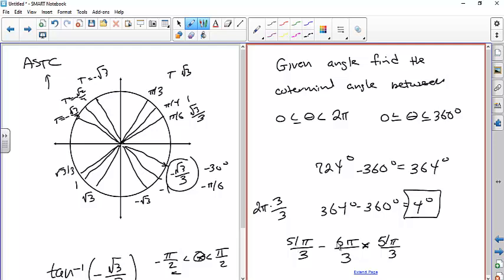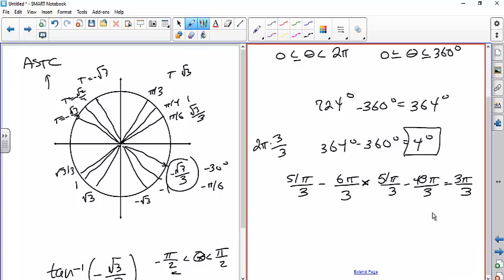Well, 6 times 7 is 42, 6 times 8 is 48. 48 is not quite 51, so I could take 48 pi divided by 3. So it's any multiple of 6 pi over 3. So I get 3 pi over 3, which actually is pi. So that would be a coterminal angle that's between 0 and 2 pi.